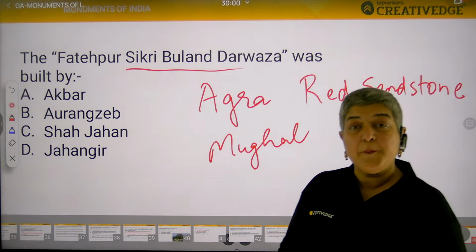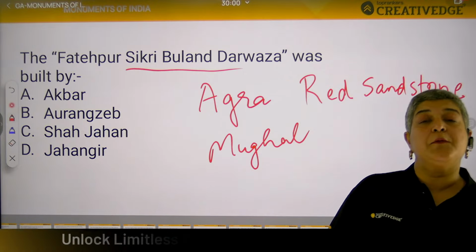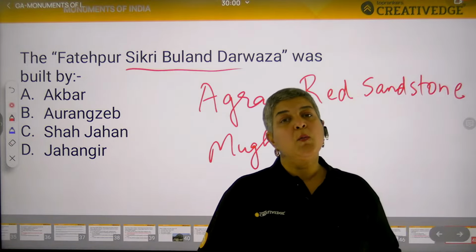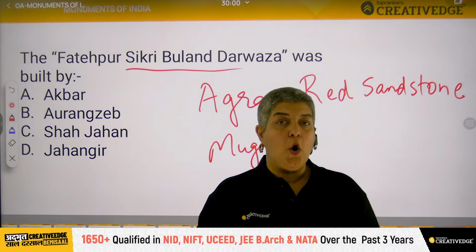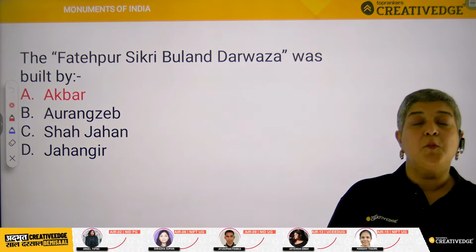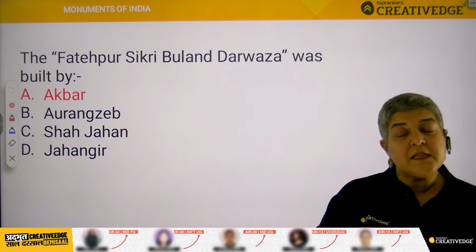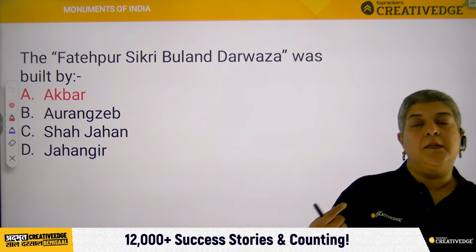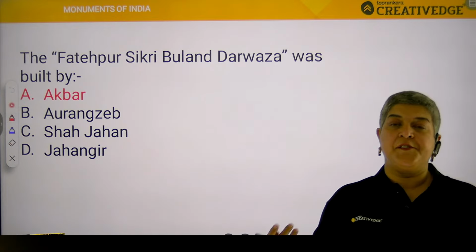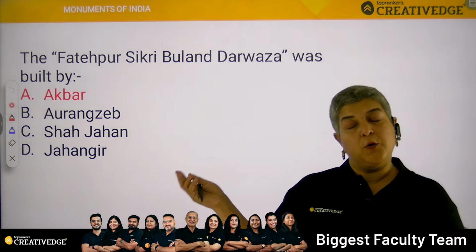Okay, so Fatehpur Sikri and Buland Darwaza. Fatehpur Sikri was one of the first planned cities of the Mughals, guys, and Buland Darwaza was a part of that city. Okay, so the builder is Akbar, Mohammad Jalaluddin Akbar, and you can see a lot of mixed heritage kind of architecture here, because Akbar had a Rajput queen for his wife.